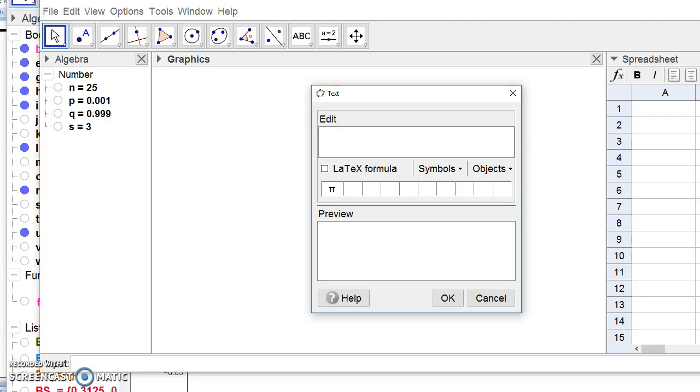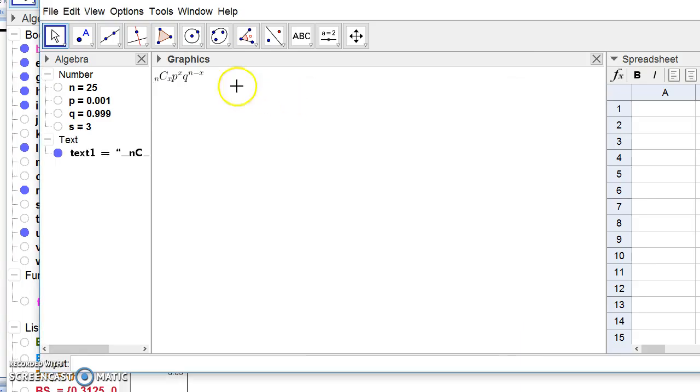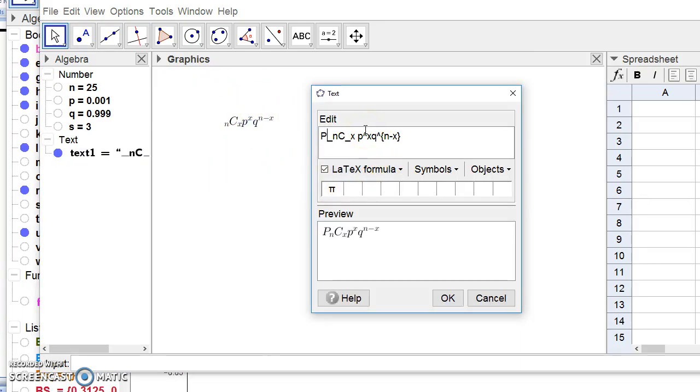Let's see if this works. nCx times p to the x times q to the n minus x. So that is always our equation. And remember, this is the probability that capital X is equal to a given lowercase x.